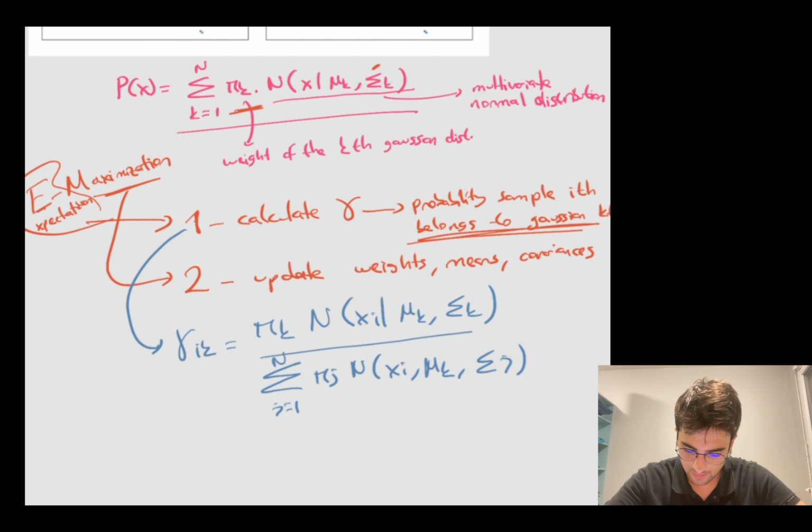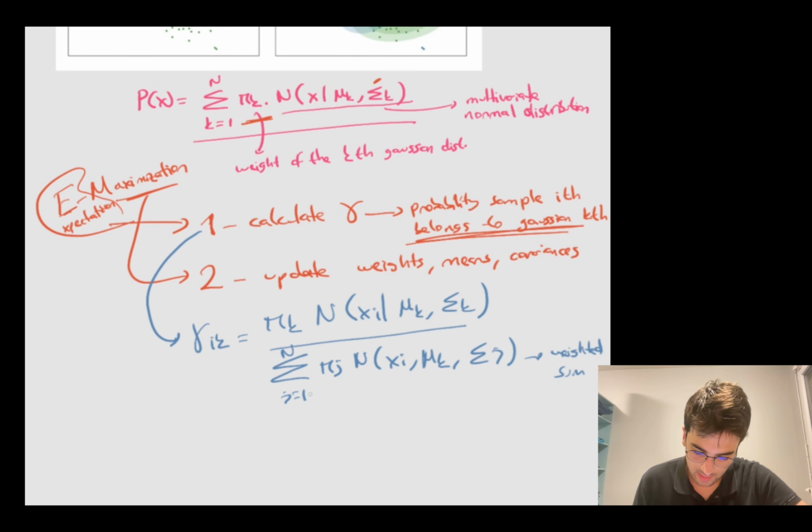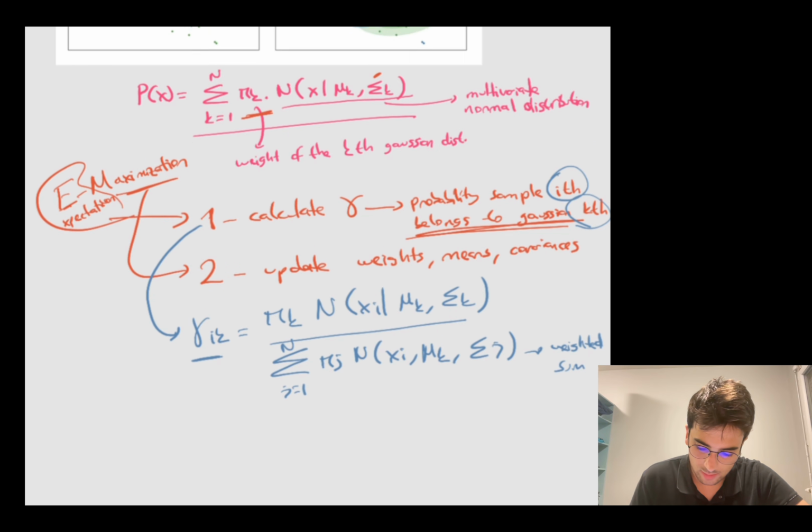So what we have here is the weighted sum, and we calculated it for a single Gaussian, the kth one, let's say, and then we divided by the weighted sum, and we calculate the gamma, the probability that sample ith belongs to Gaussian kth.